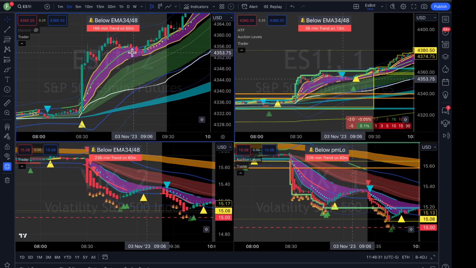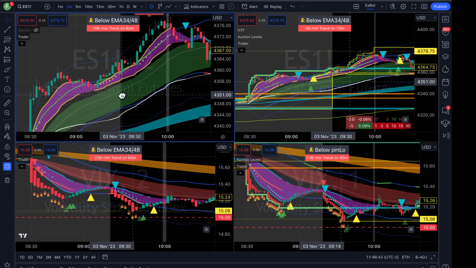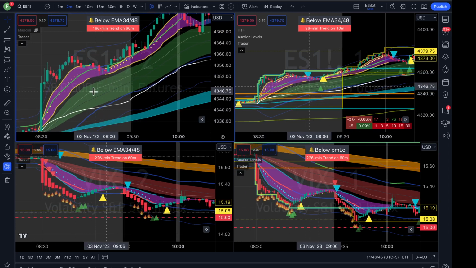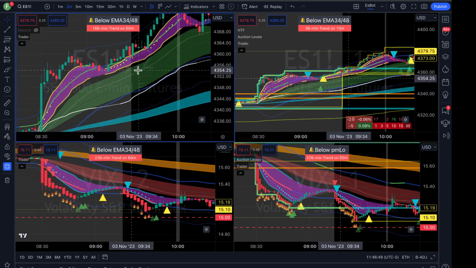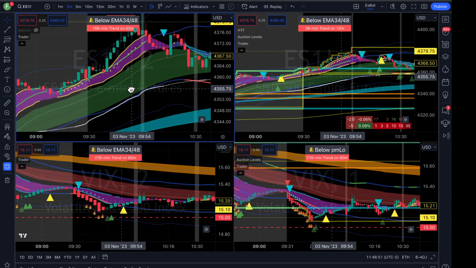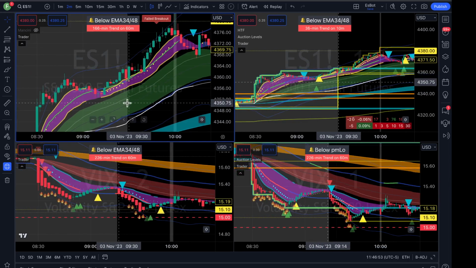When I get to the trend dots, I might take more of my profit. When I get to the bottom of the purple band, I'm going to take more of my profits. But as long as I hold this 512 EMA cloud, the move is still on.